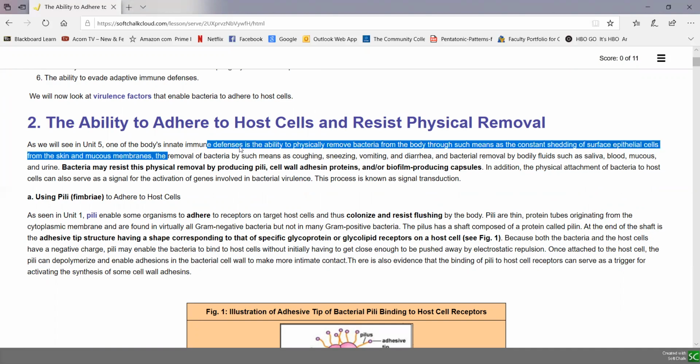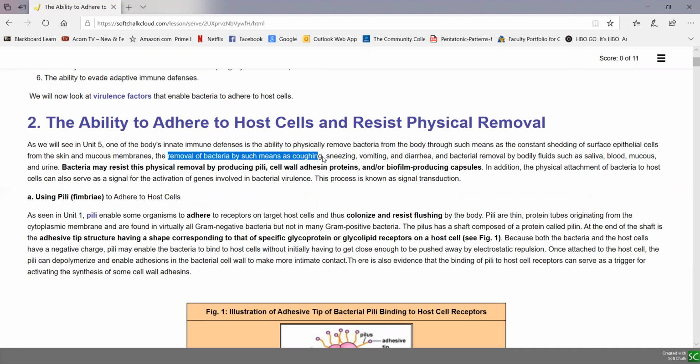We can remove bacteria by such physical means as coughing and sneezing in the case of respiratory organisms, and vomiting and diarrhea in terms of gastrointestinal infections. And of course, all the bodily fluids, things like saliva, blood following an injury, mucus, and urine, all have a flushing action to flush microorganisms out of the body.